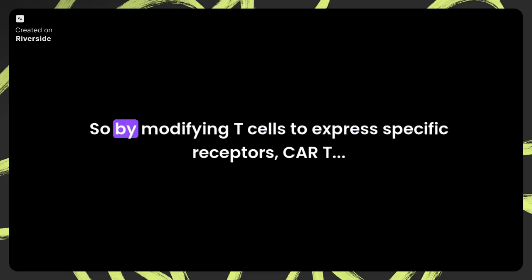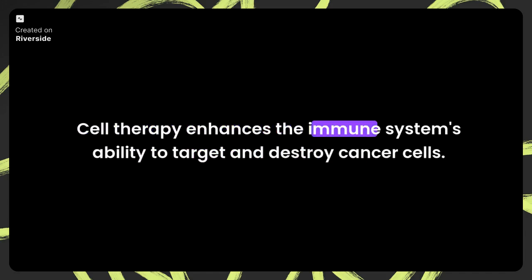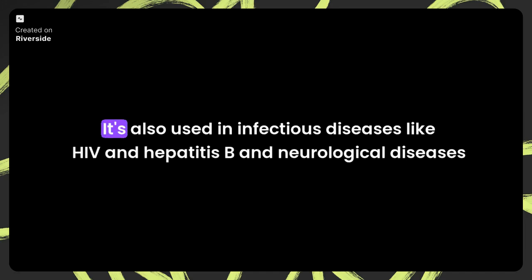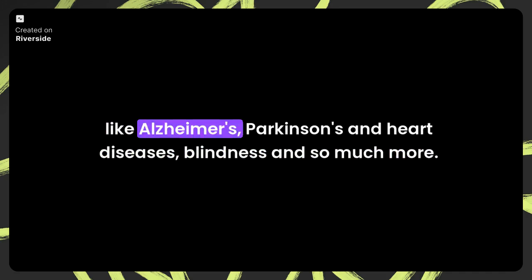By modifying T cells to express specific receptors, CAR T cell therapy enhances the immune system's ability to target and destroy cancer cells. It's also used in infectious diseases like HIV and hepatitis B, and neurological diseases like Alzheimer's, Parkinson's, and heart diseases, blindness, and so much more.